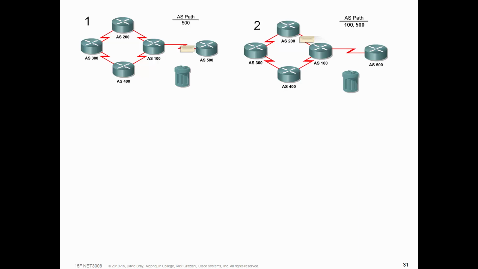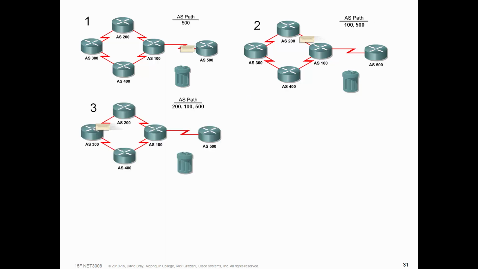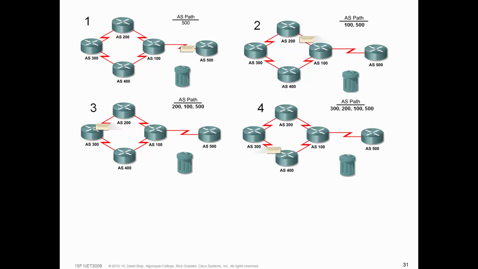Then, as AS 100 advertises upwards to AS 200, it prepends its AS number to the path. And so now you can see the path is 100, 500. In the next iteration, as AS 200 advertises to AS 300, then 200 gets added to the front of that path. And in the fourth iteration, 300 gets added to the front.